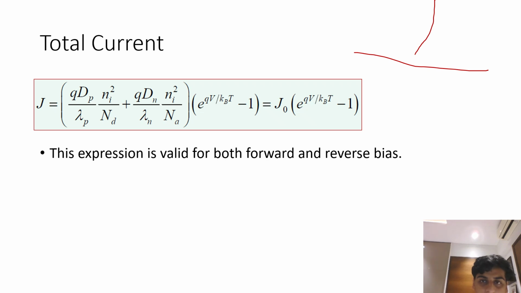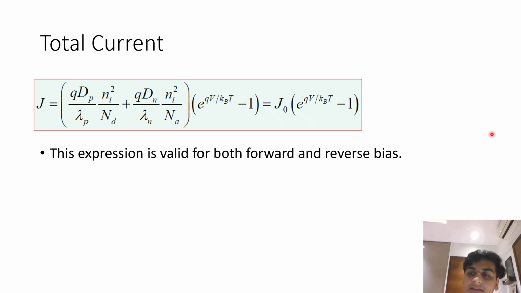If this is our I, this is our V, then this part of our IV curve makes sense with this exponential. The second thing that we can see is the reverse saturation current: when V tends to minus infinity, this whole expression just tends to minus J naught. So you just have that flat line here.